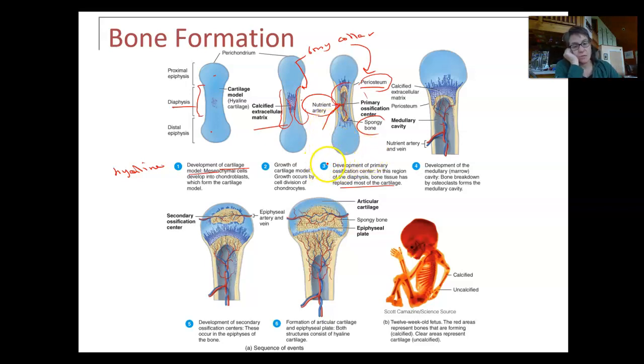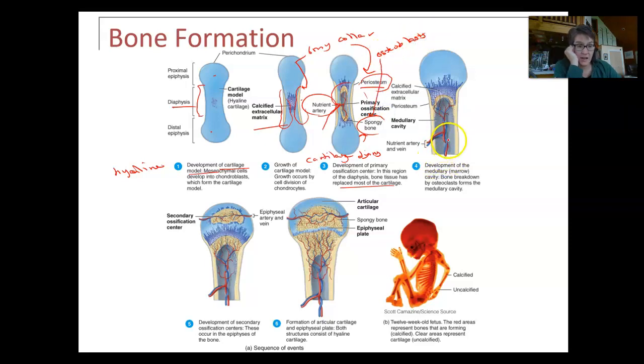So this step 3 is cartilage dying and spongy bone coming in by a separate thing, osteoblasts. So my osteoblasts are making this happen by laying down that spongy bone.